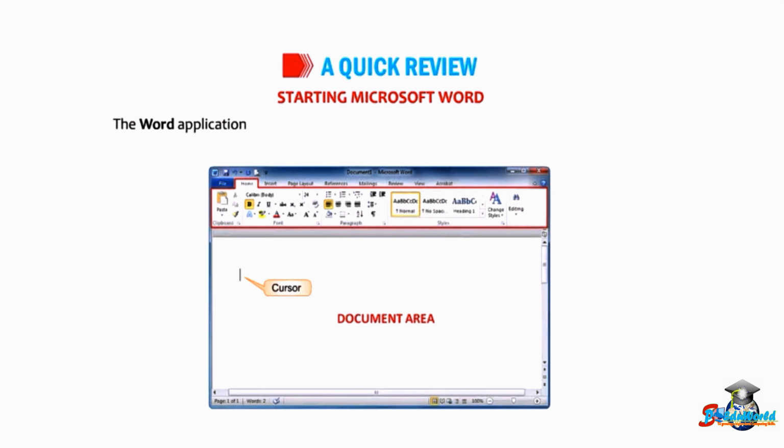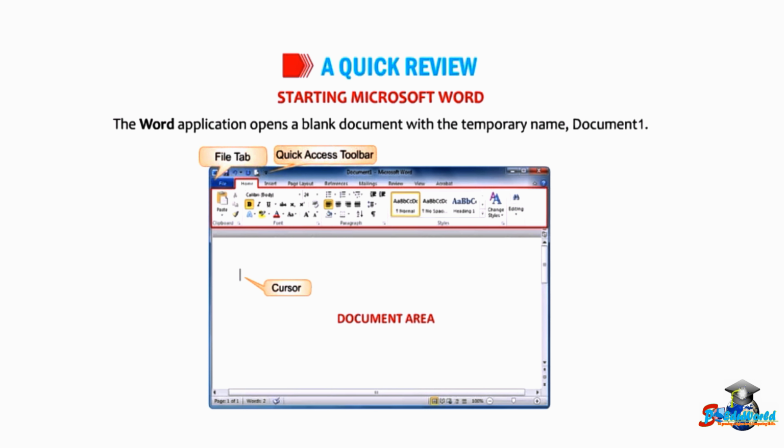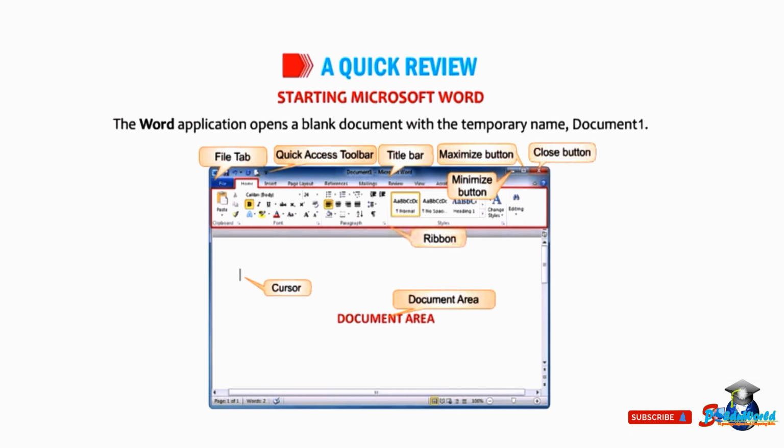The Word application opens a blank document with the temporary name Document 1. File tab, Quick Access Toolbar, Title bar, Minimize button, Maximize button, Document area, Close button, Ribbon, Status bar.